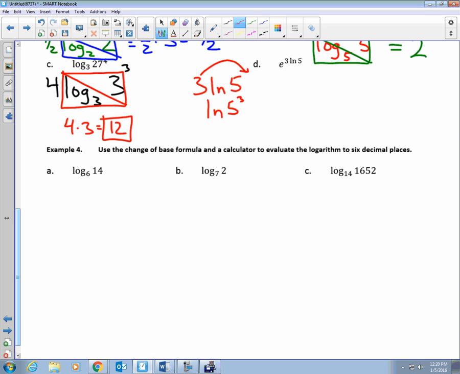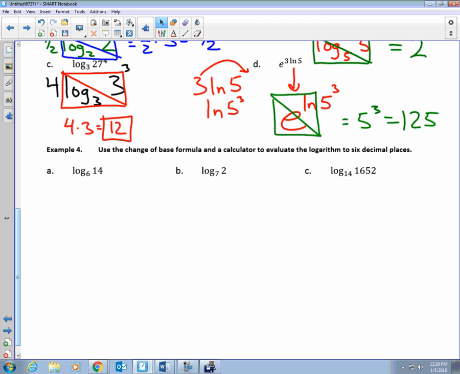Great. So this becomes e to the natural log of 5 to the third power. Now I have my natural log of 7. So these are inverse operations. Go to the calculator.